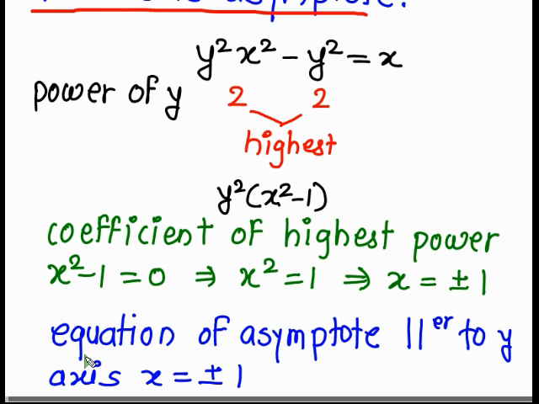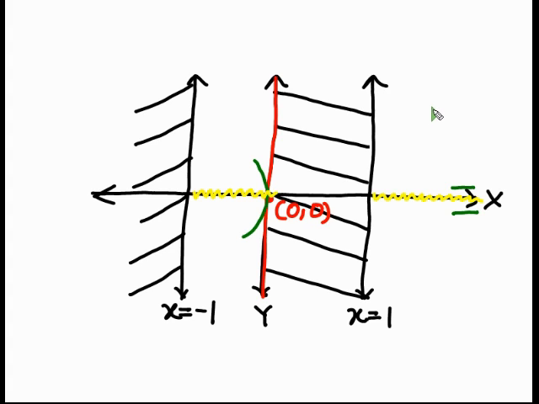Here we get the equation of the asymptote parallel to the y-axis as x is equal to plus or minus 1. So we get x is equal to 1 and x is equal to minus 1 as the asymptotes. These are the asymptotes and the behavior of the curve near them.